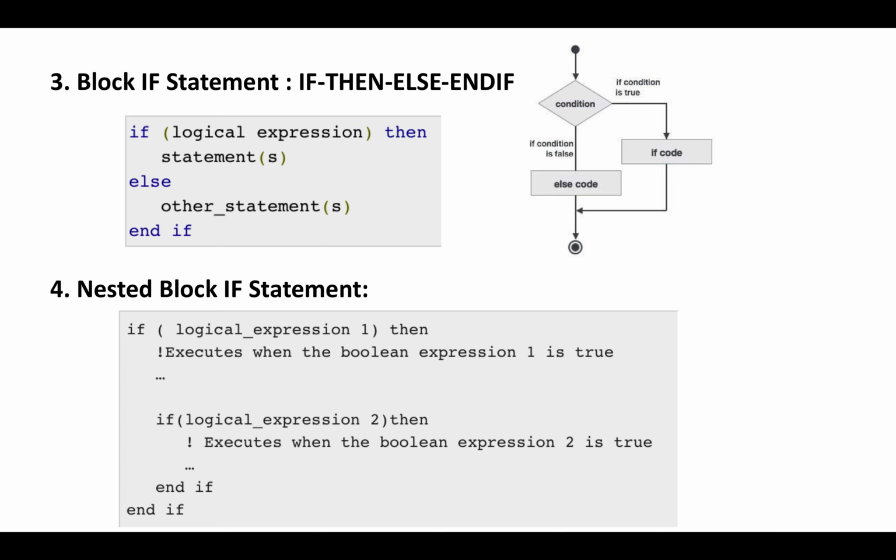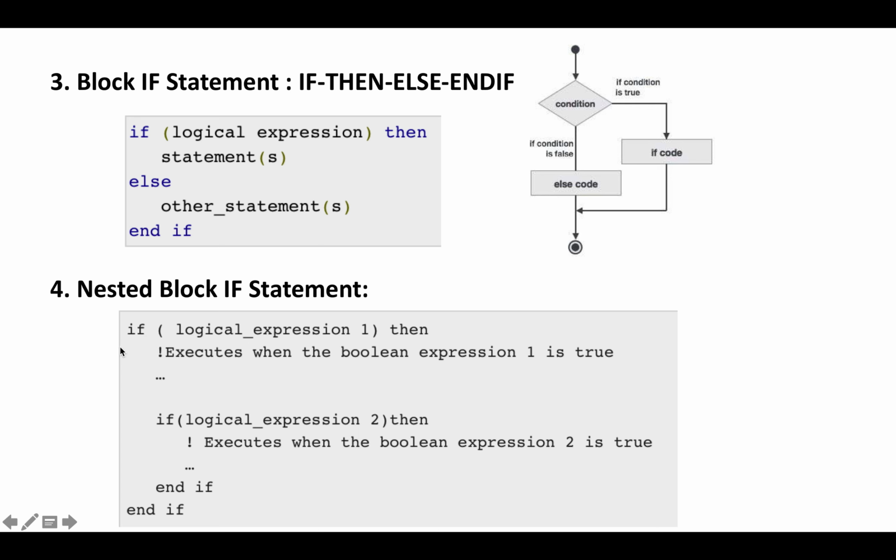In this, the syntax is like, but before moving to syntax, what is a nested block if? Nested means a loop inside a loop, or an if statement inside an if statement.